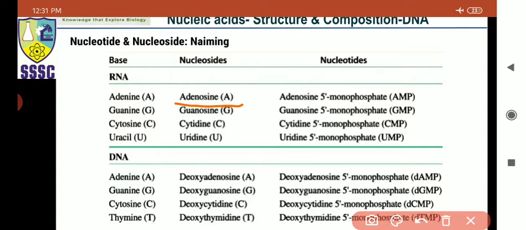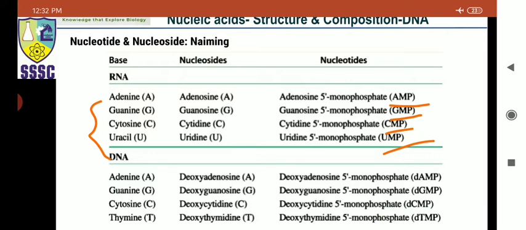When this adenosine contains phosphate, then it is a nucleotide, known as adenosine 5 monophosphate, or simply AMP, adenosine monophosphate. Similarly, guanosine monophosphate, cytidine monophosphate, uridine monophosphate.